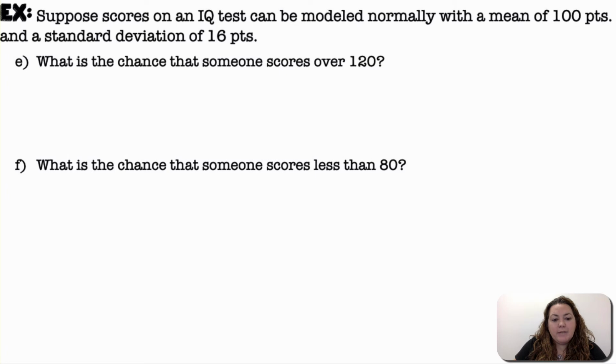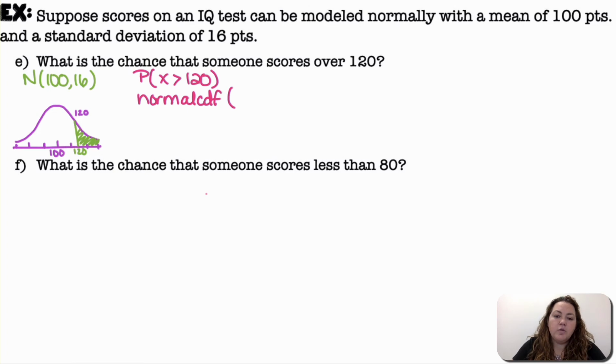All right, again, the same situation, mean of 100, standard deviation of 16. What is the chance that someone scores over 120? So here's my normal model. I'm going to go to 120, shade above. Okay, so if we're going to use the calculator notation, you need to make sure that you are also drawing a picture, you're labeling, you're using a proper notation, and any calculator notation that you use, you have to label, like, what did that number, like normal CDF, and then what were those numbers you plugged in.